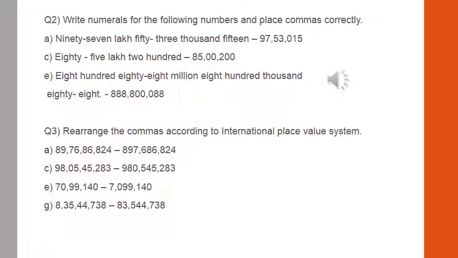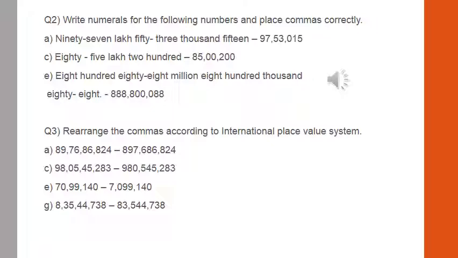Same, you can see the E part. It is 888,800,000. Now you can see this is written in the international system, so you have to put commas according to the international system only. So 888 is in the million period, so 888 comma, then we have 800,000.